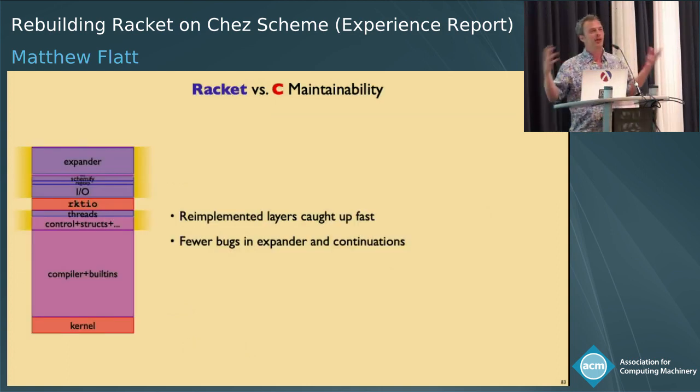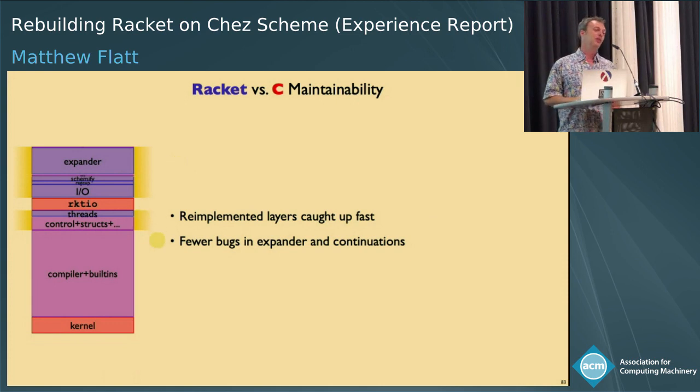So that's some graphs about performance, and I'm not showing you a lot because I don't want it to be mainly about performance. The project is about making it more maintainable, and we have lots of anecdotal evidence here. Just from my opinion, we were able to re-implement these new layers more quickly, and they started to be reliable more quickly.